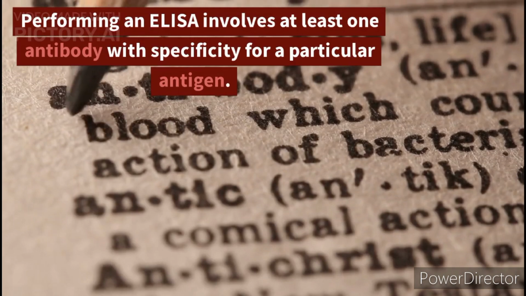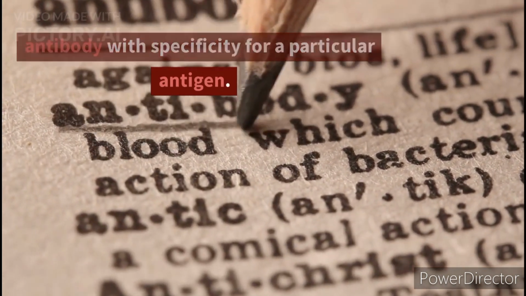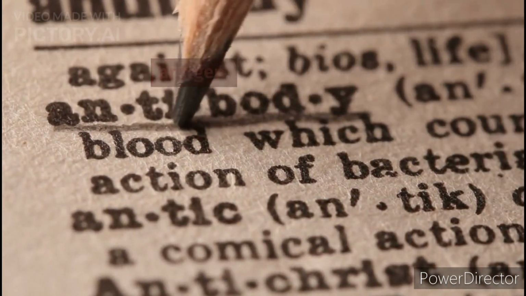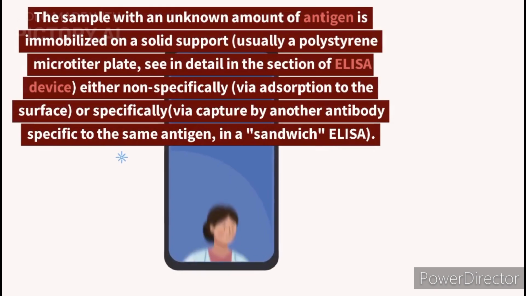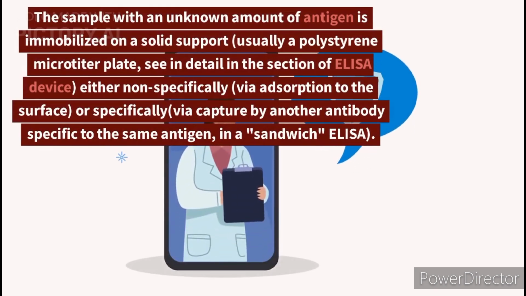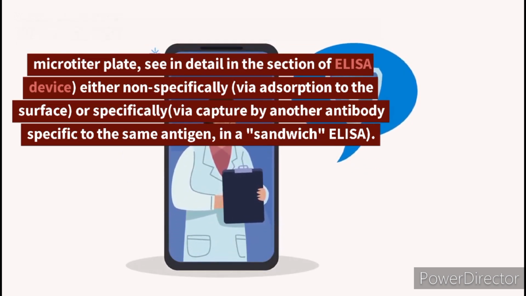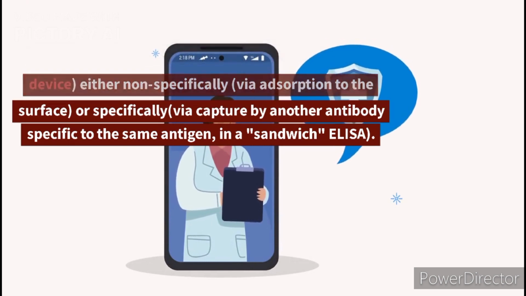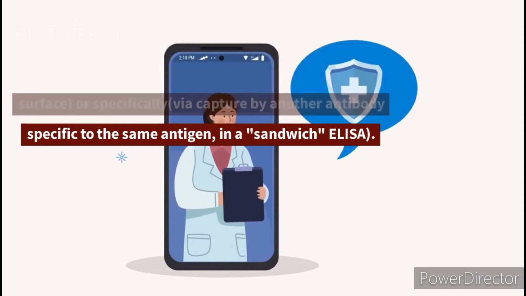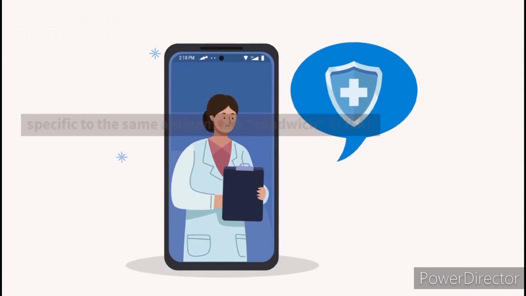What is the ELISA mechanism? Performing an ELISA involves at least one antibody with specificity for a particular antigen. The sample with an unknown amount of antigen is immobilized on a solid support, usually a polystyrene microtiter plate, either non-specifically, via adsorption to the surface, or specifically via capture by another antibody specific to the same antigen, in a sandwich ELISA.